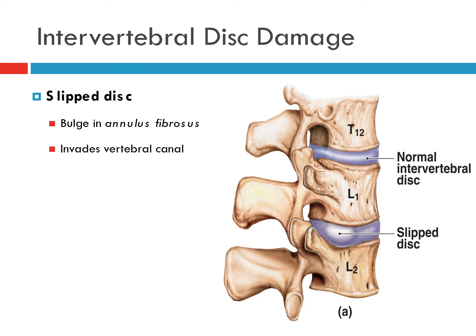So if they were to bulge all the way through the posterior surface, then they could press into the spinal canal and press on the spinal cord. And that gives you a whole host of different issues than pressing on a spinal nerve. We're not going to go into depth in that in this course, but we are going to learn about spinal nerves and the spinal cord and all of that super exciting stuff in a couple weeks.